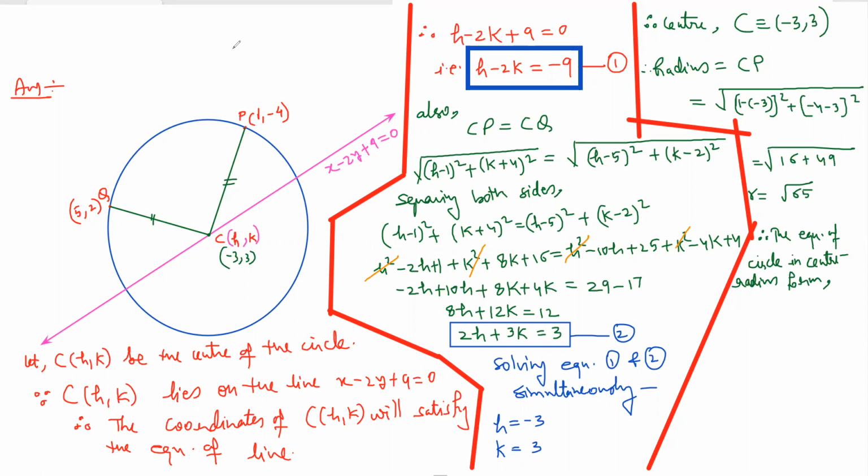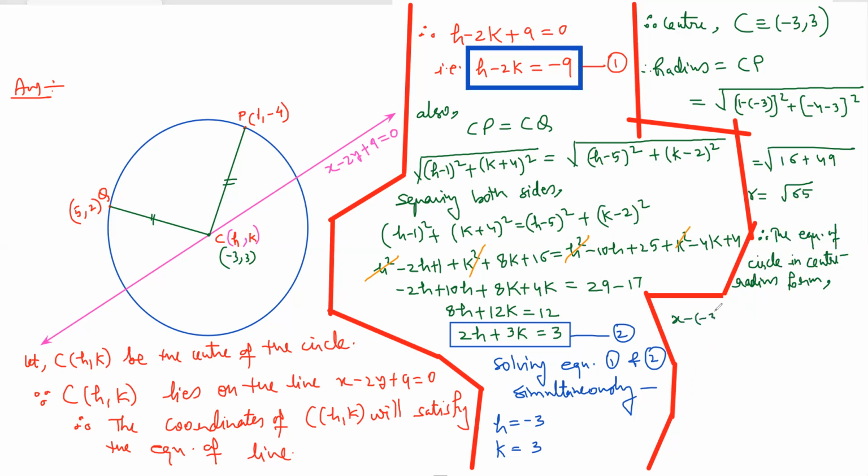You will have here (x - h)², what is h? -3.